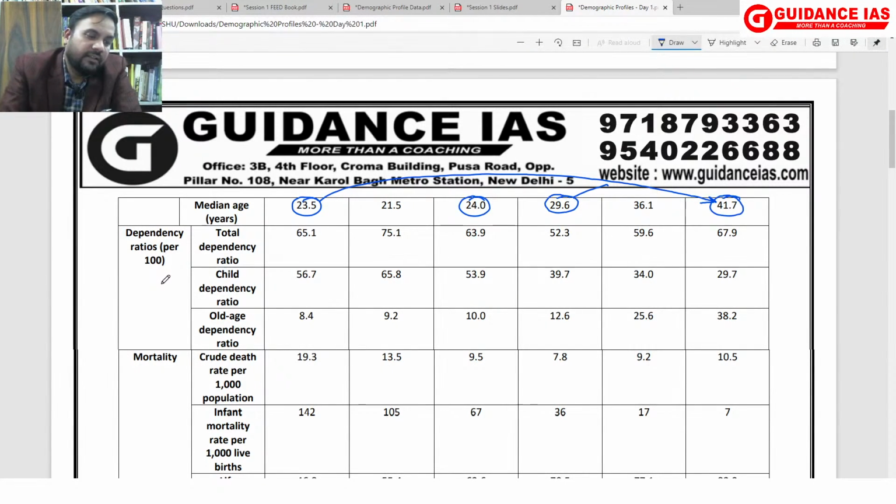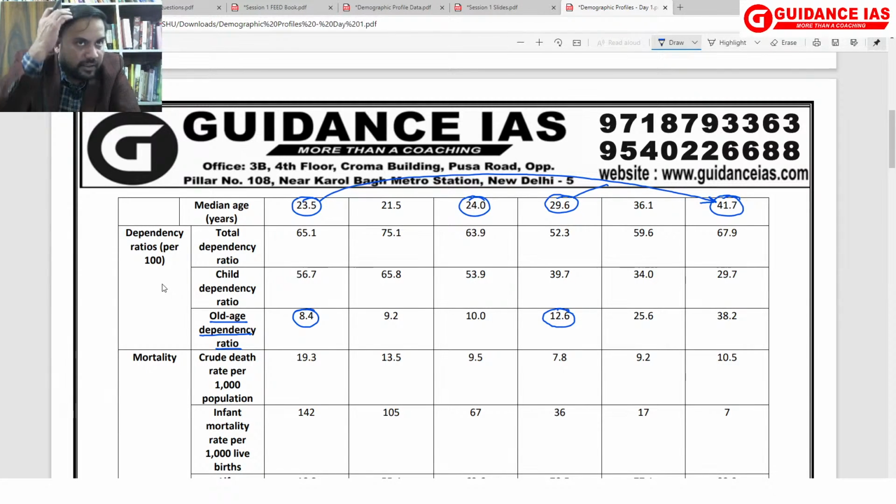Or you take other cases like old age dependency ratio. So old age dependency was what? It was 8.4%. But what has happened? By 2015 how much has it almost increased? It has increased by almost 1/3. Can you see?